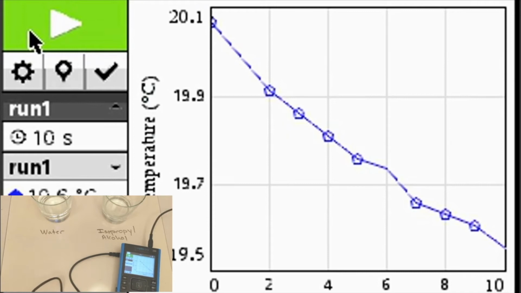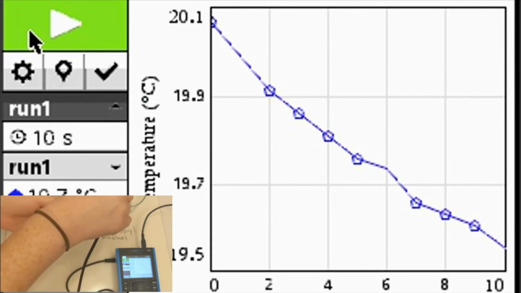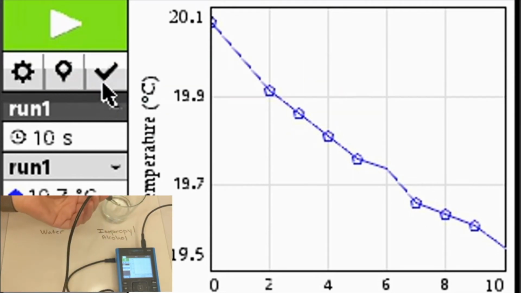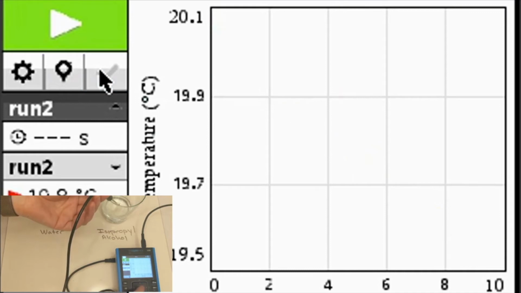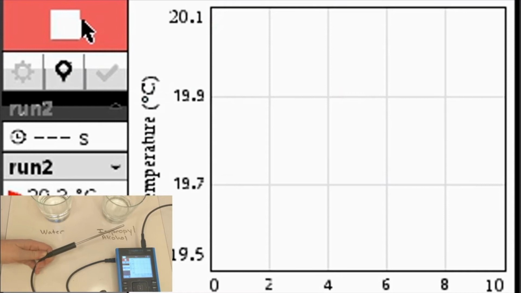And we have a graph. We can hit that check mark up at the top of the screen, right below the play button, and we can record that data. Then we can do another run with the alcohol, so we can see how the temperature changes with the alcohol and the temperature sensor.